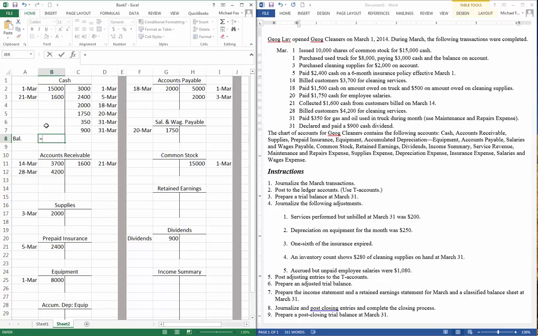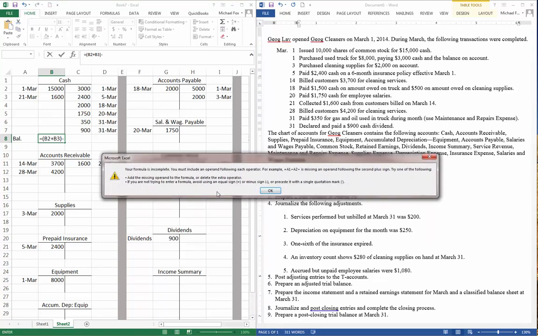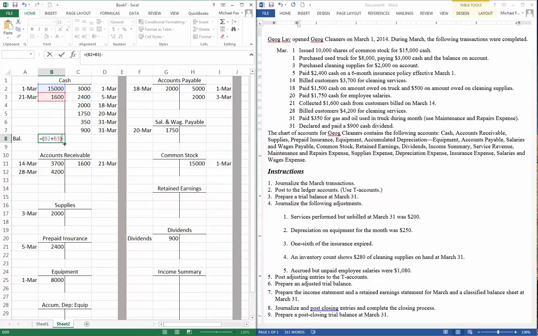And that balance is going to equal the debit side, whoops, not equal, sorry. Minus, oh, Excel doesn't like it.